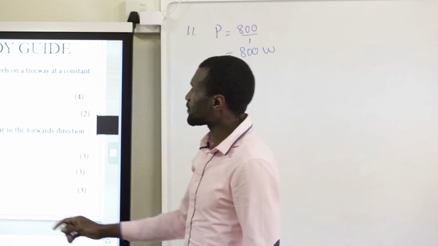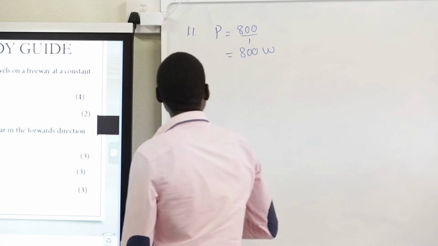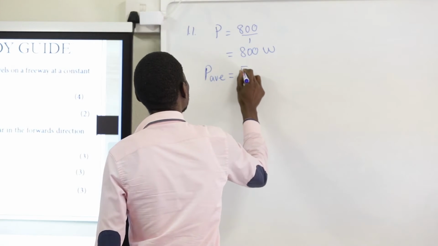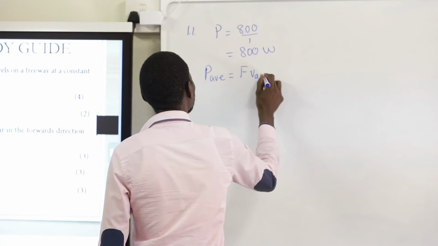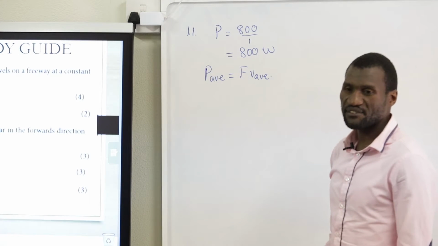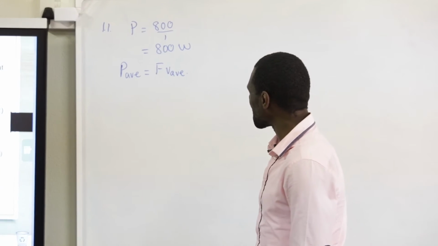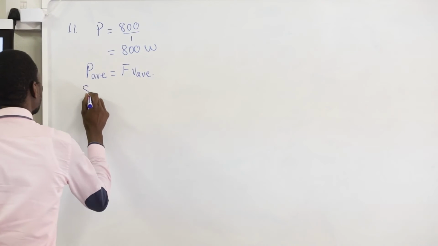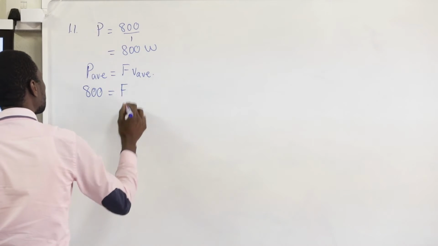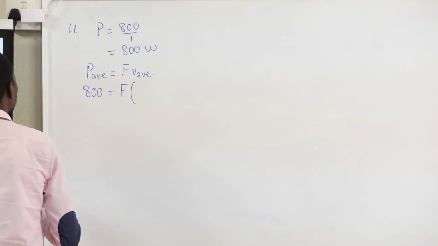Question 1.1 requires us to find the force. We know that average power is equal to force times average velocity. You can do the substitution here and find out what the value of the force is. Let's do it together quickly. The power is 800. The force F is unknown. The average velocity is the constant velocity that we hear of.